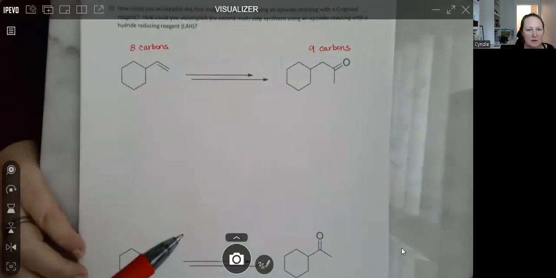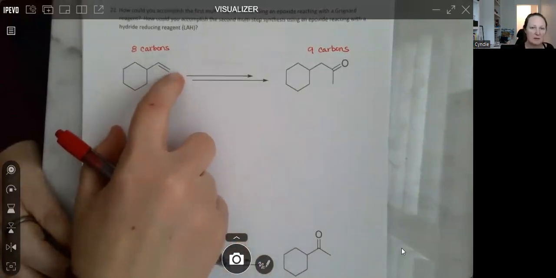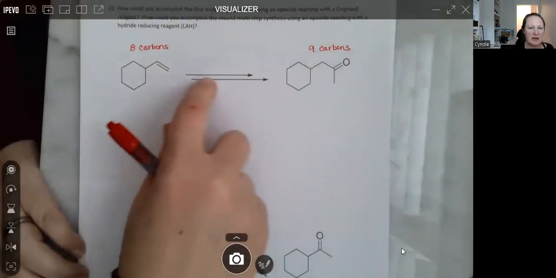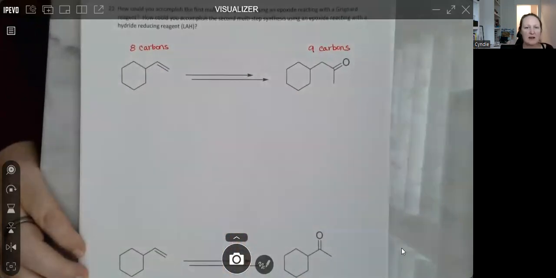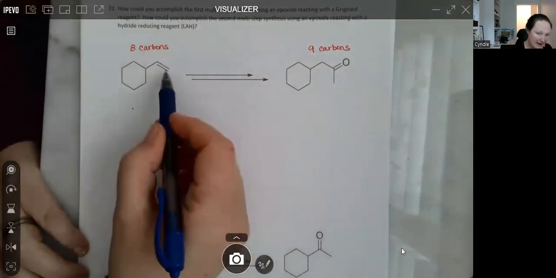So what I think I want to do is convert it to an aldehyde, because if my aldehyde is here, I'll be able to do a methyl Grignard to add 1 carbon. My alcohol will end up at the right place, and I'll be able to do an oxidation, right? So what I'm thinking is I would like to get an aldehyde here.